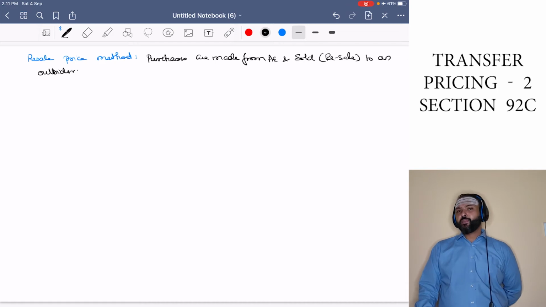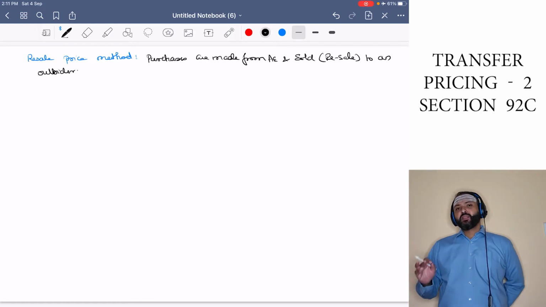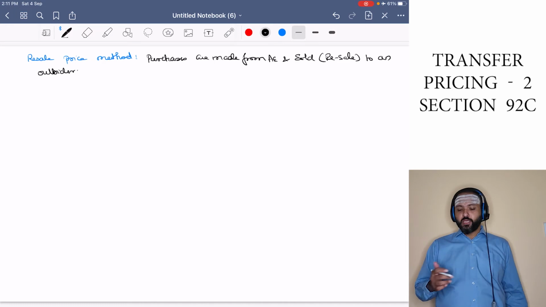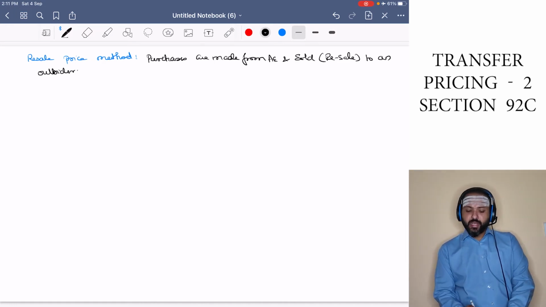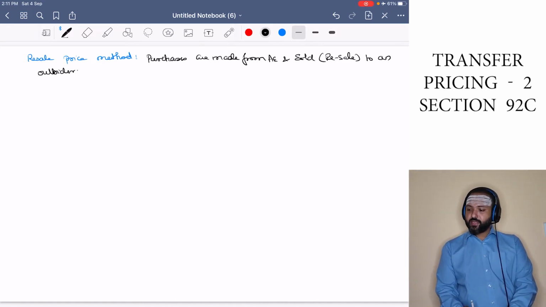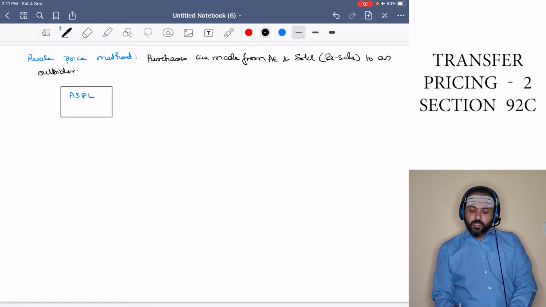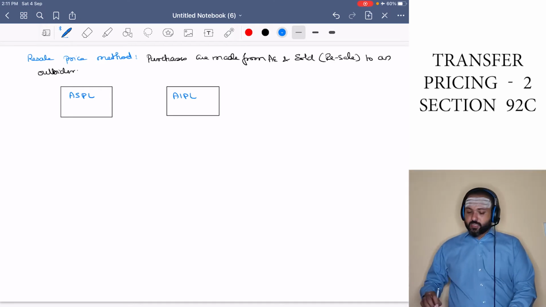Now, let us understand something. Sir, can we apply comparable uncontrolled price here, sir? Now, if you look into the question, they have given us that my parent company has sold laptops to me. Okay, so let us try to give a diagrammatic representation of this transaction so that we get a better understanding. So one entity, this is ASPL, and then the second entity, namely the Indian entity AIPL, and the third entity is Zebronics India Private Limited.